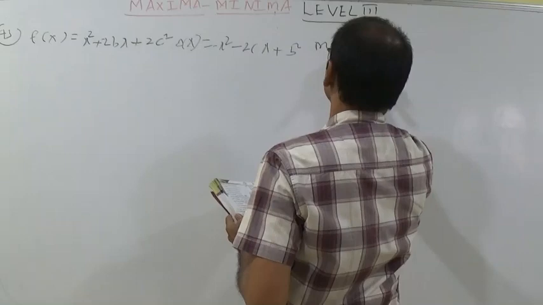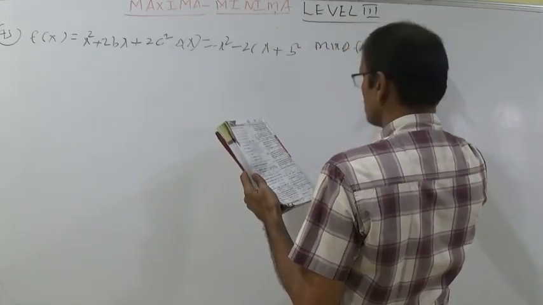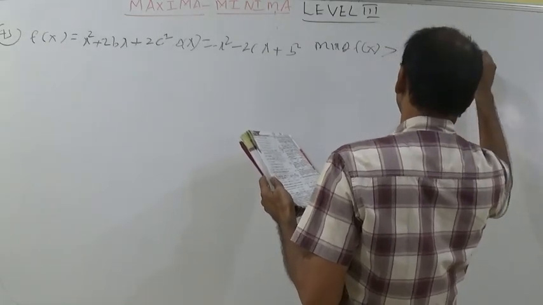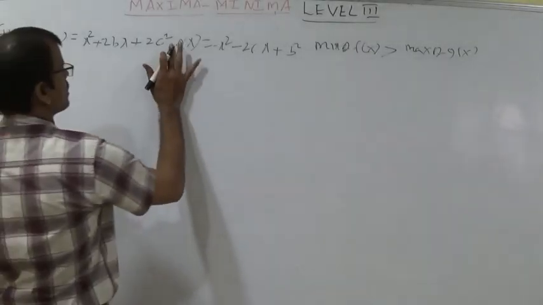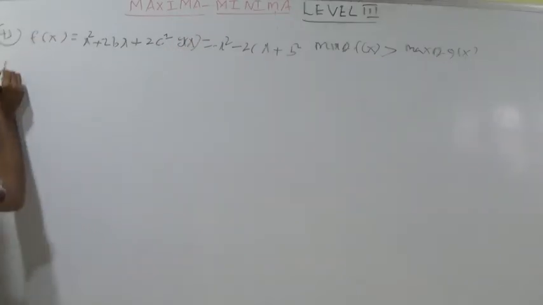The condition is min of f of x greater than max of g of x. To calculate whether the function has a min or max, you should take the derivative and set it equal to 0.